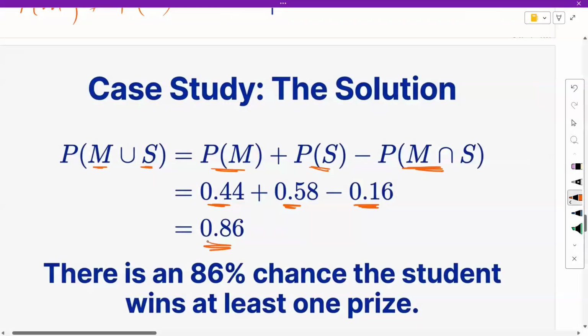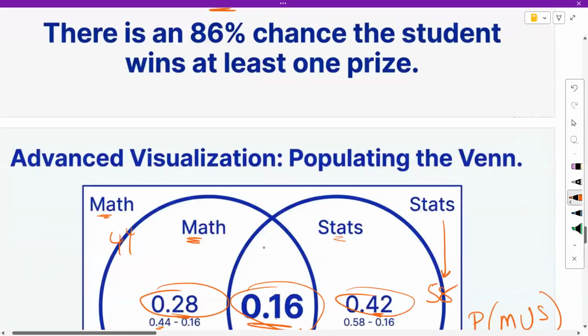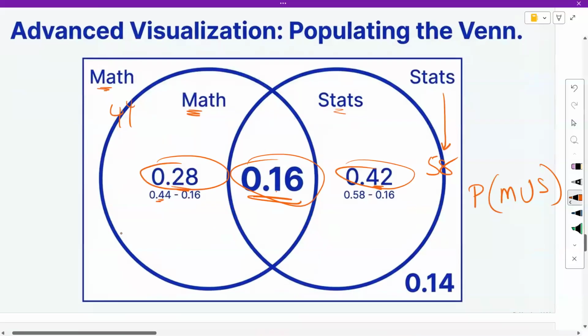So that is 86%. Here 28 plus 16 plus 42, what's the probability? 0.86.